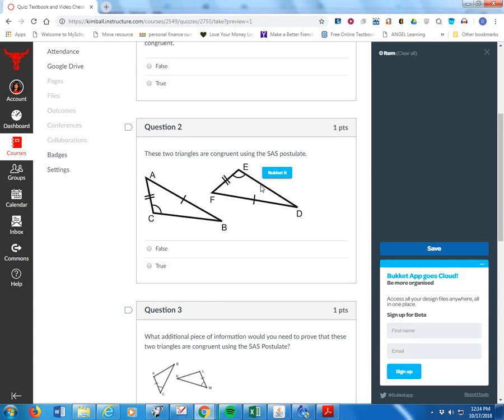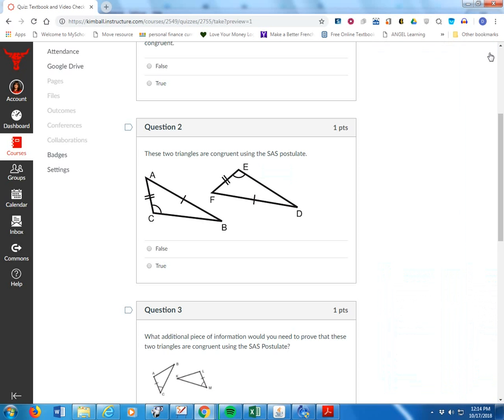Does that make sense? Okay, it's an easy mistake to make, so just pay really close attention when you're given information. In order to use side, angle, side, it has to go in that consecutive order: side, angle, side. It can't be any two sides and an angle. It has to be the angle that's between the two adjacent sides. Okay.